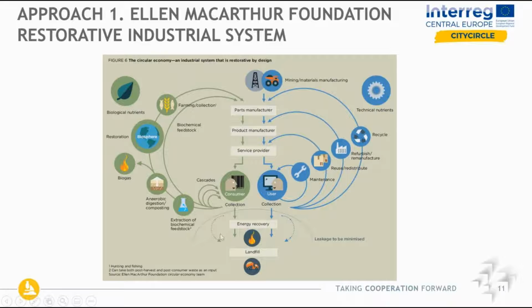All those can be recovered. They can contribute to energy recovery or go to the landfill. And the objective is to reduce, of course, to the minimum the energy recovery and the landfill, to keep everything in those loops, being the manufacturing loop or the biological nutrient loop.